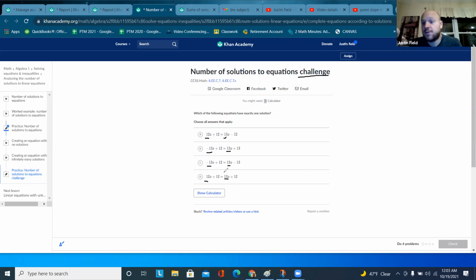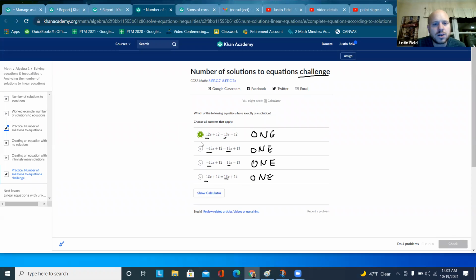If they are different, then there's one solution. So the 12 and 13 are different, there's one solution. 13 and 12, that's different because of the negative, so that's one solution. Negative 13, 13, one solution. 12 and 13, one solution. Well, that was silly. They all have one solution.